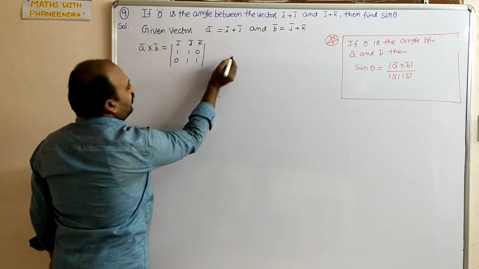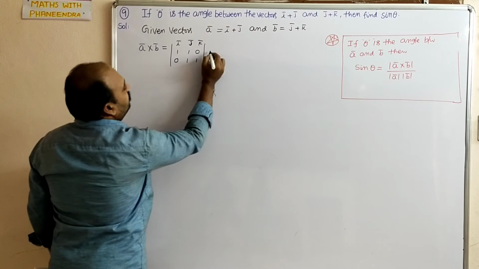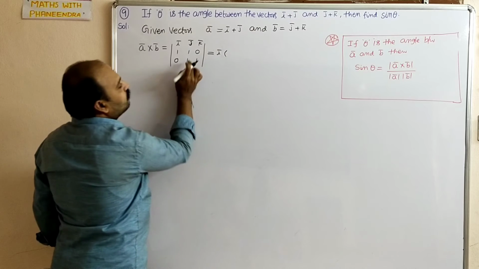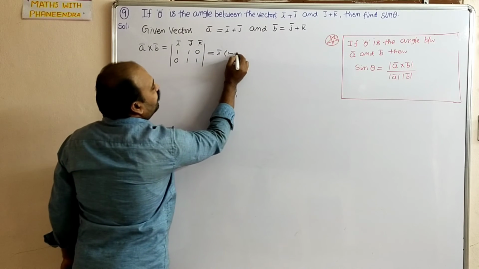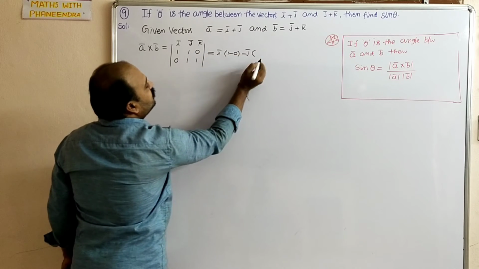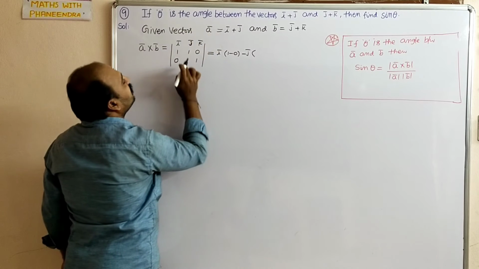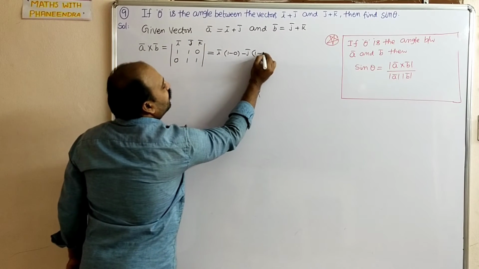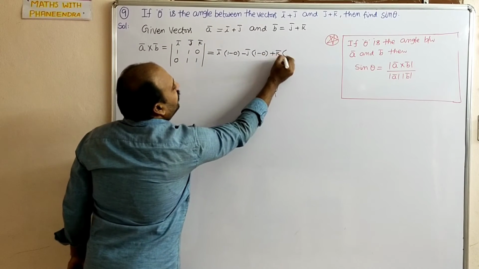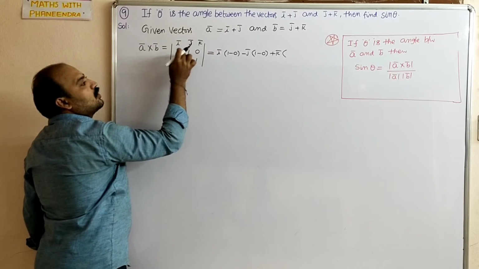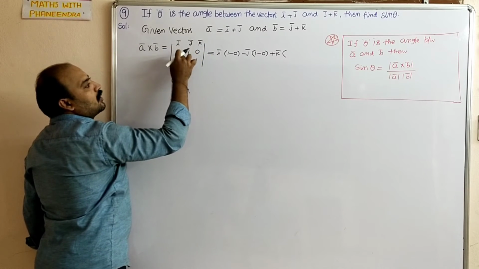So next, if you expand this one, you will get I into 1 minus 0, minus j into 1 minus 0, plus k bar into 1 minus 0.